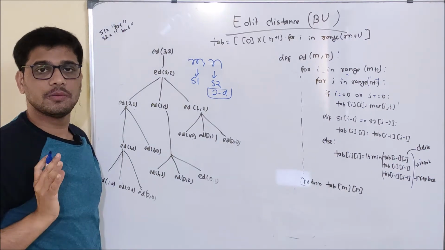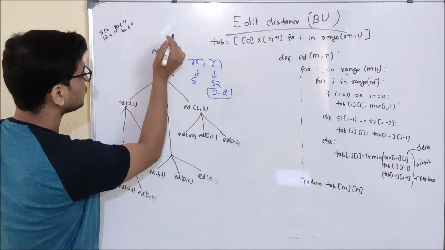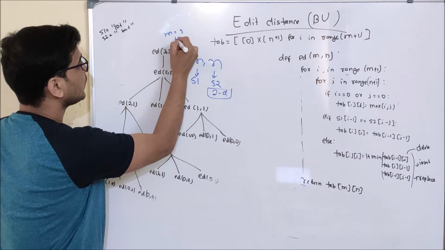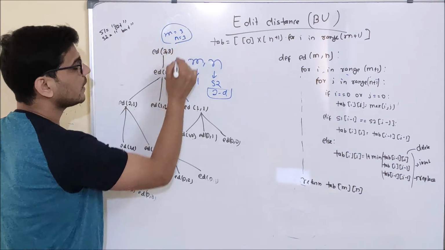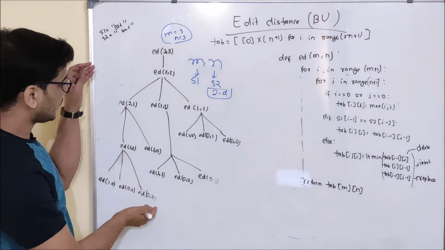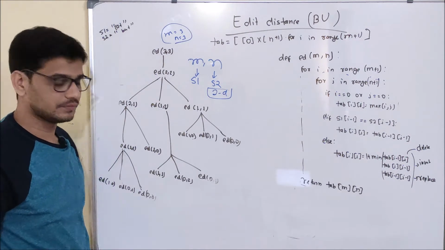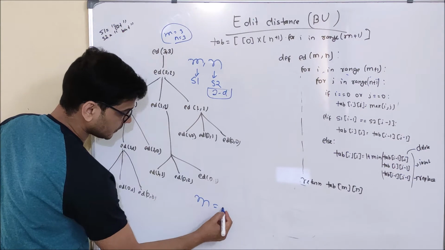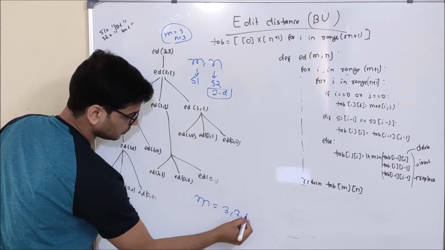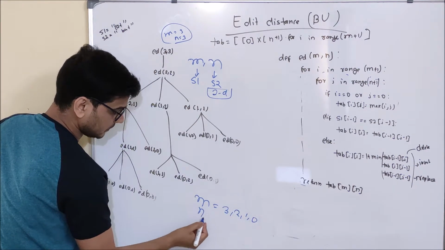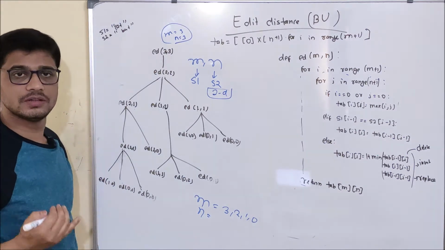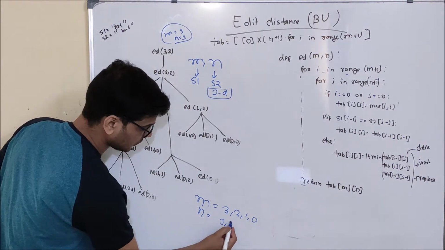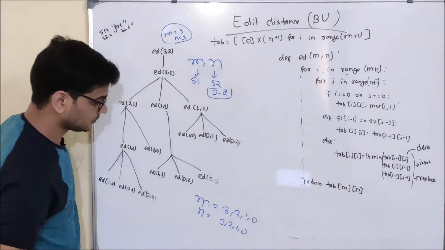Now derive the table length. Here m is 3 and n is also 3. And what are the distinct values that m or n are taking? If you analyze it carefully, m is taking 4 distinct values, that is 3, 2, 1, 0. Similarly, n is also taking 4 distinct values, 3, 2, 1, 0.